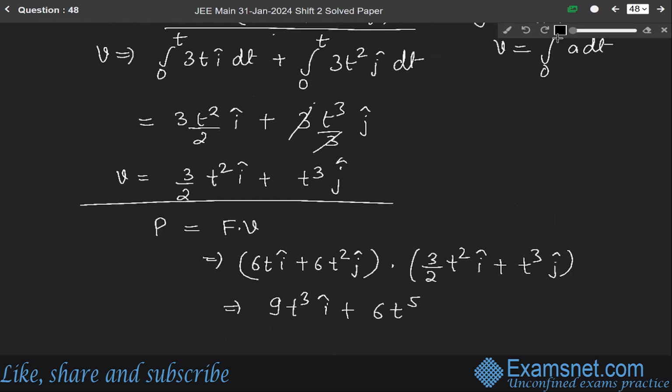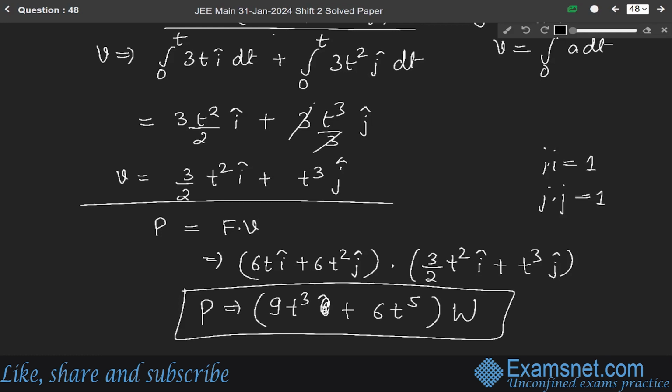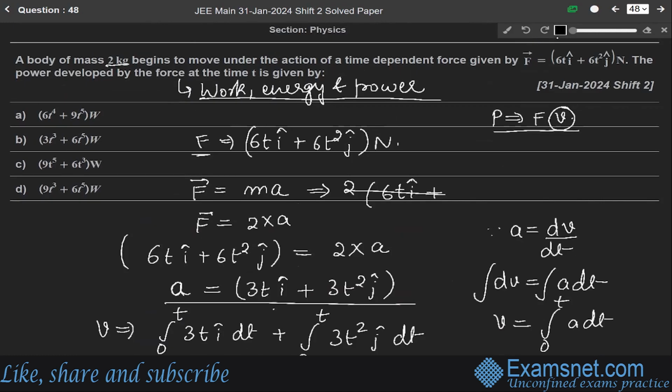Now i dot i equals 1 and j dot j equals 1, so there is no need to write the unit vectors here. It will be 9t cube plus 6t raised to the power 5 watt. So this is our final answer. So the correct option is 9t cube plus 6t to the power 5 watt, which means option D.